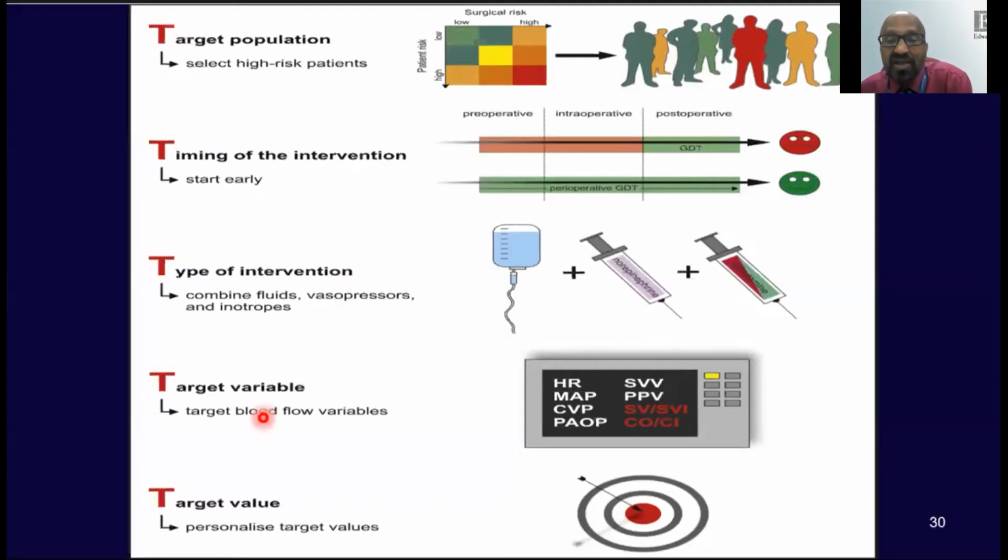And the target variable is the heart rate, mean arterial pressure, central venous pressure, pulmonary arterial occlusion pressure, stroke volume variation, pulse pressure variation, stroke volume, or cardiac index, and the target value of these parameters must be suitably identified and delineated.